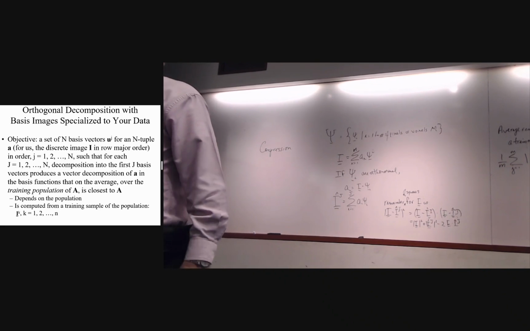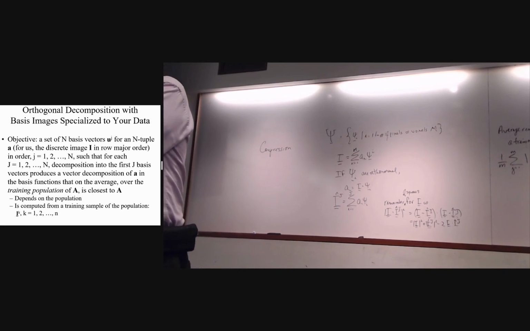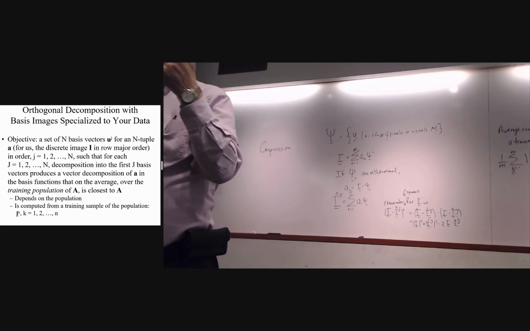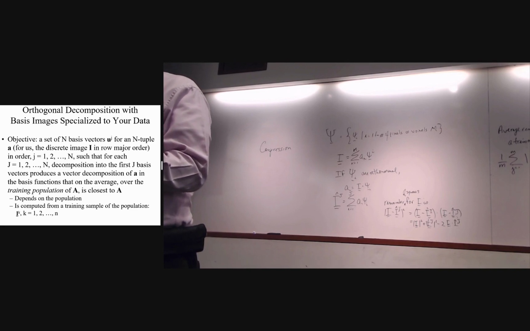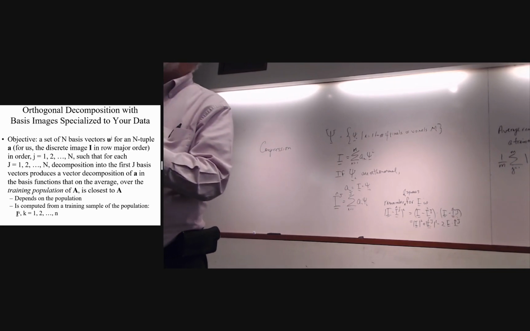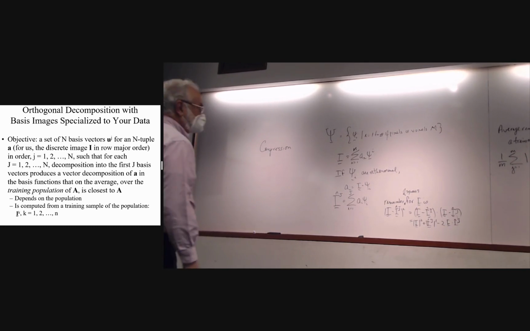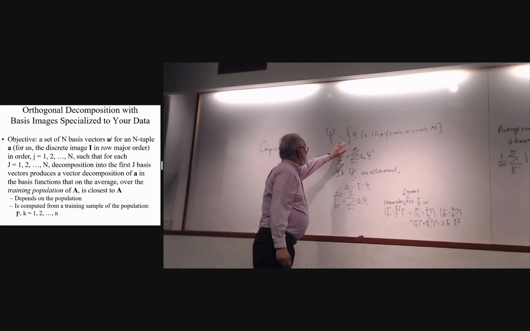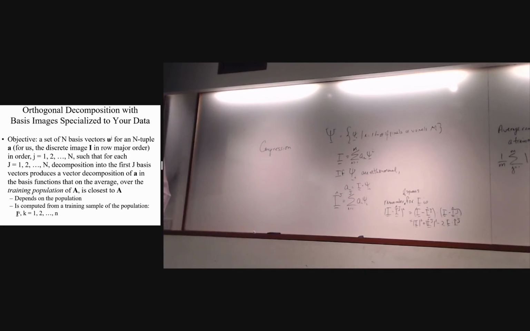That is to say, the sum of the squares of any basis image's pixels is 1. And secondly, the dot product between them, that is to say, the sum of the products pixel by pixel, or in 3D voxel by voxel, of one basis image and the other over the pixels is 0, unless you are dot producting one of the basis images with itself.